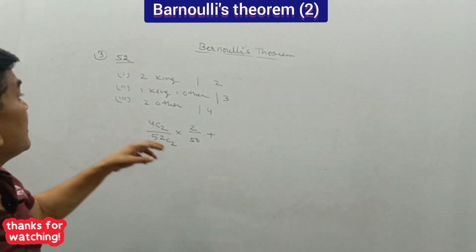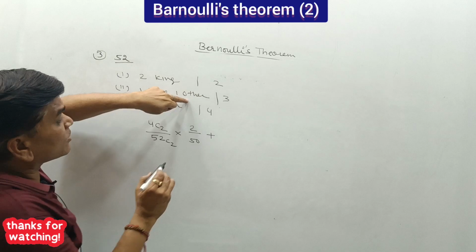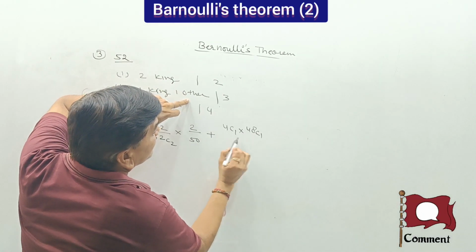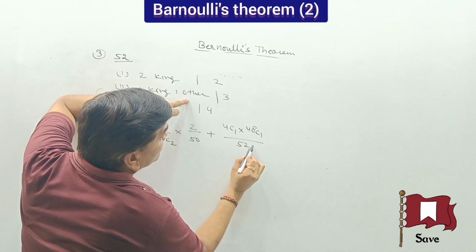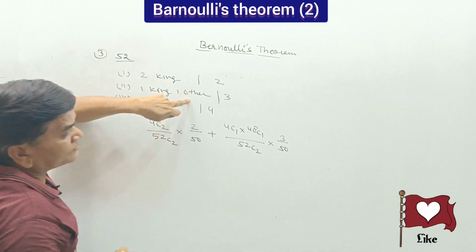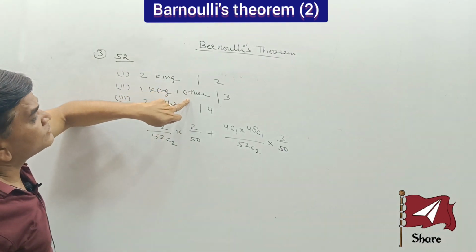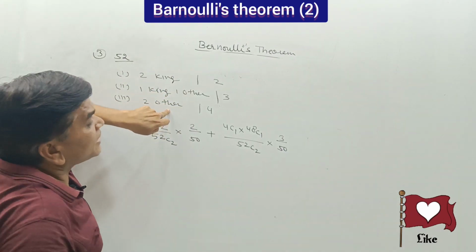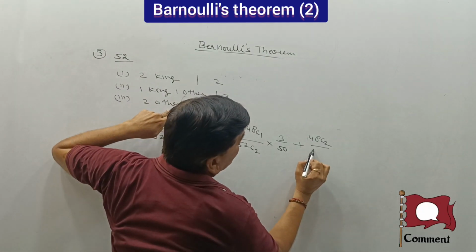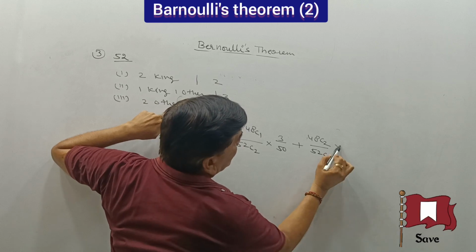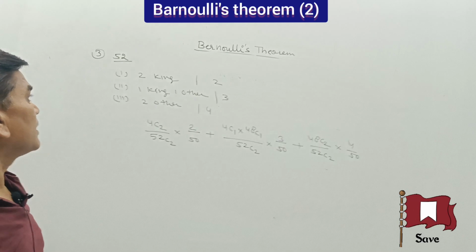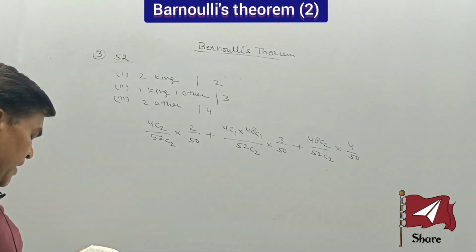If one is king and one is other, getting one king 4C1, getting other 48C1, divided by 52C2, and in the remaining 3 kings among 50, so multiply 3 upon 50. If both are other cards, then 48C2 upon 52C2 multiply 4 upon 50. There are 3 conditions over there. This question is somewhat tricky.